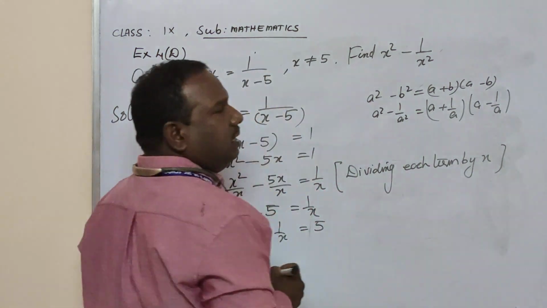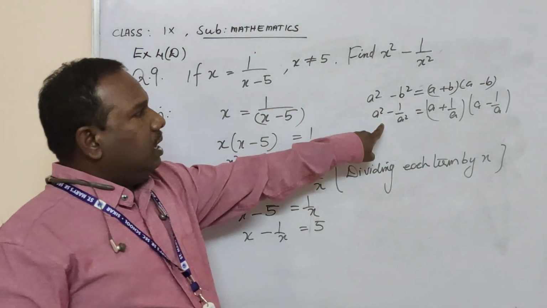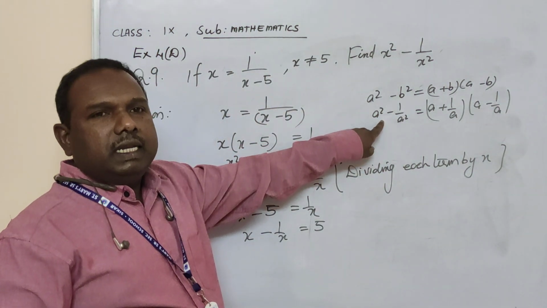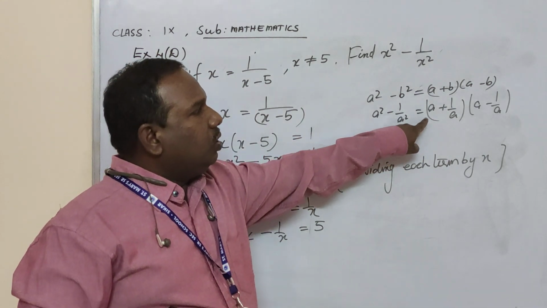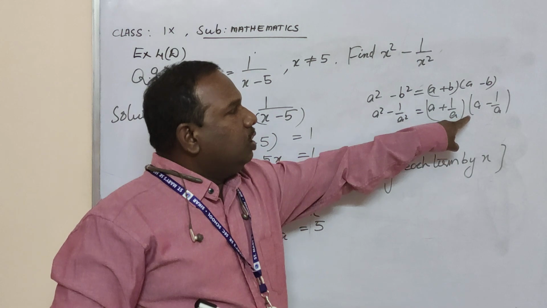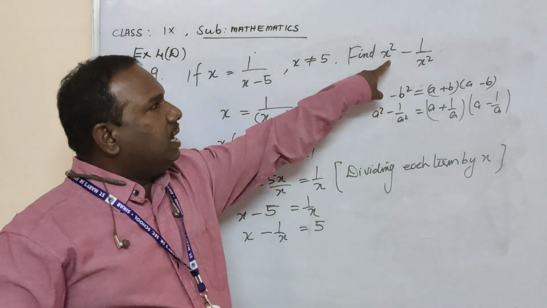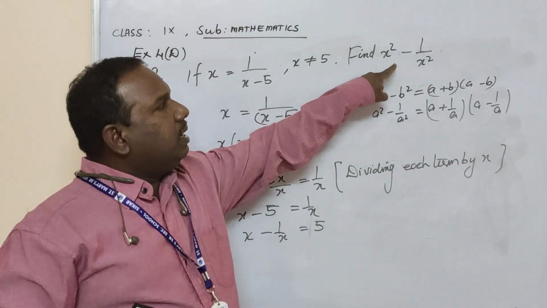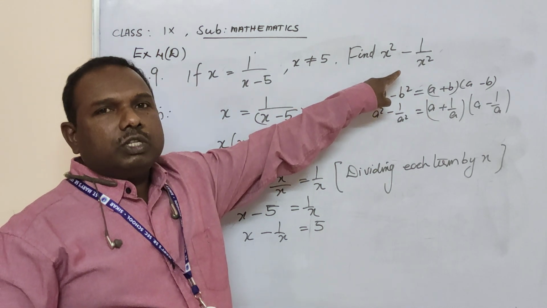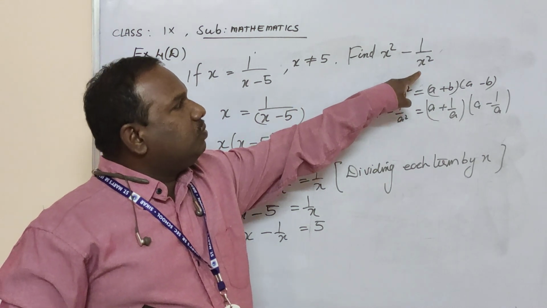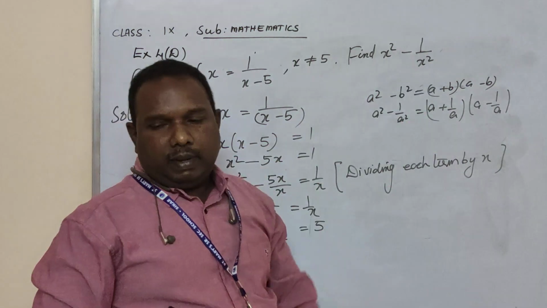This is our identity. So using this identity, a square minus 1 by a square equal to a plus 1 by a into a minus 1 by a. We can write this x square minus 1 by x square is equal to x plus 1 by x into x minus 1 by x.